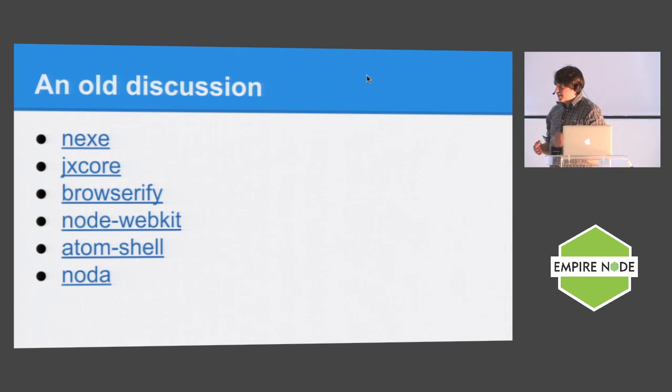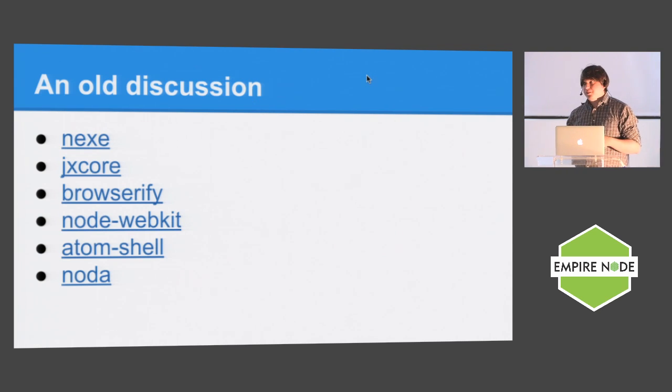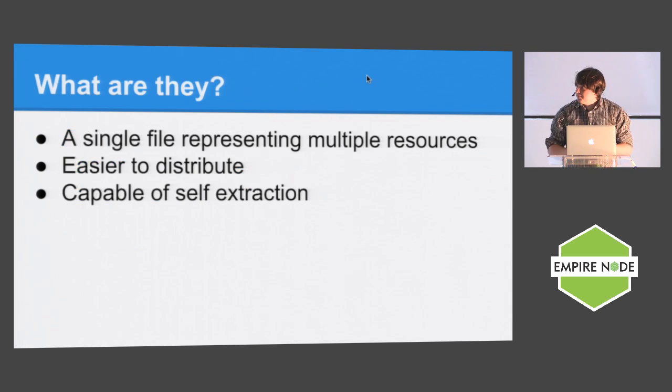You'll see mine at the bottom, Noda, but we've talked about Atom Shell and Node WebKit, and these are ways to get back the power of being able to give your application to everyone. That's something I feel is very important, to be able to supply everybody your application, not just developers.